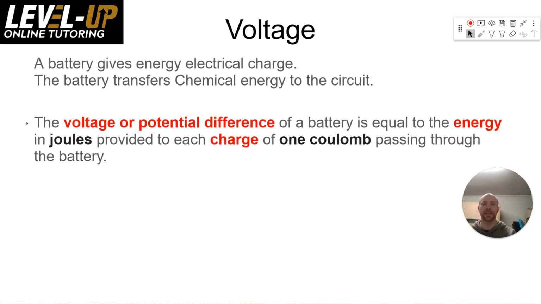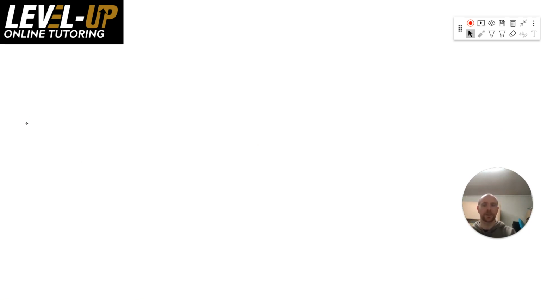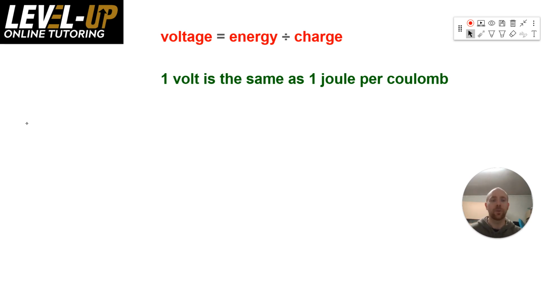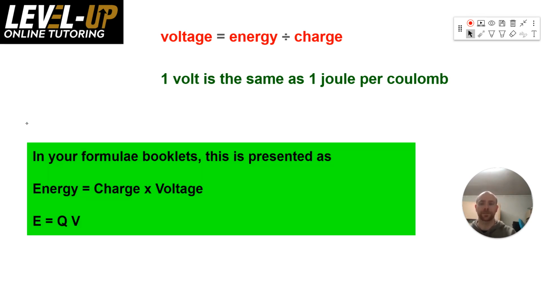So the voltage or potential difference of a battery is equal to the energy in joules provided to each coulomb. So those coulombs that we looked at going around the circuit, they are each given a certain amount of energy. And if each of those coulombs is given 1 joule, then there is a potential difference or a voltage of 1 volt. So in your formula booklets, again, slightly confusing possibly.